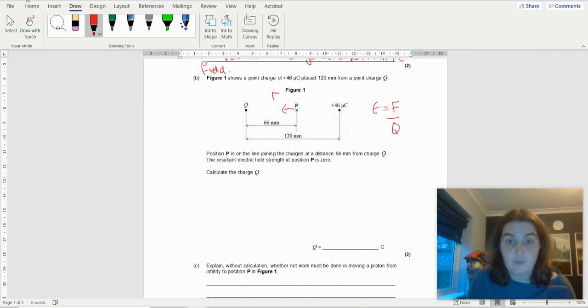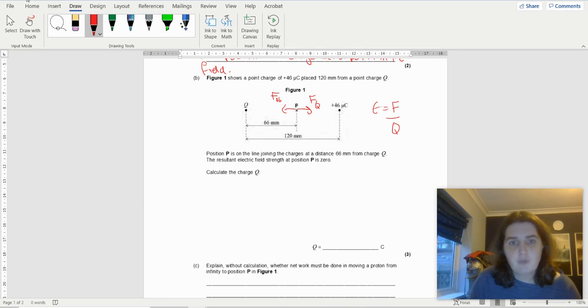So this is the force from the 46, okay? Which means that if I put a positive charge there, it must also be repelled from the charge Q, because resultantly the force is 0, which means that the resultant field strength would be 0 at that point.